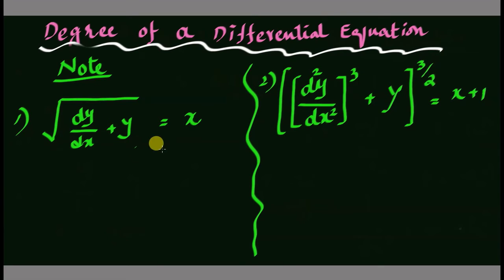So, by taking the square on both sides, you will get dy over dx plus y is equal to x square.